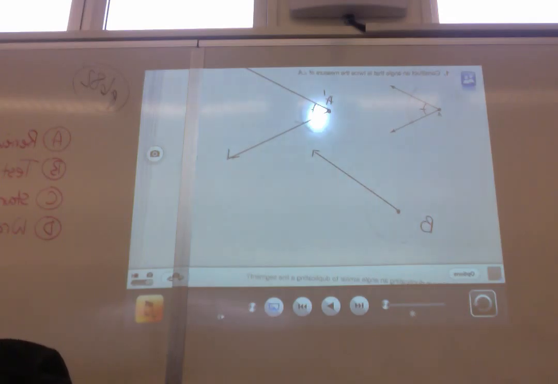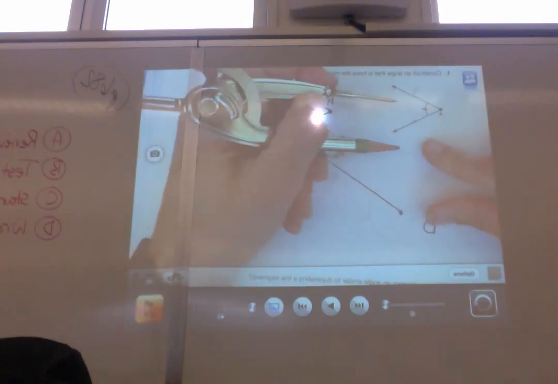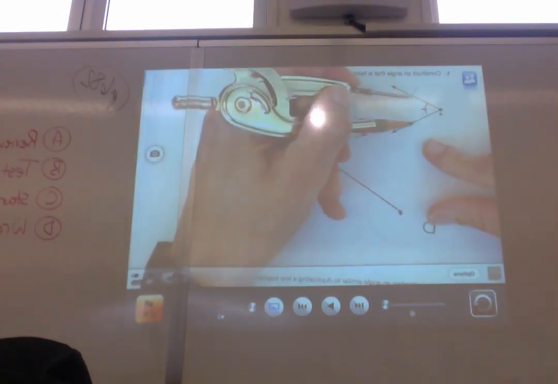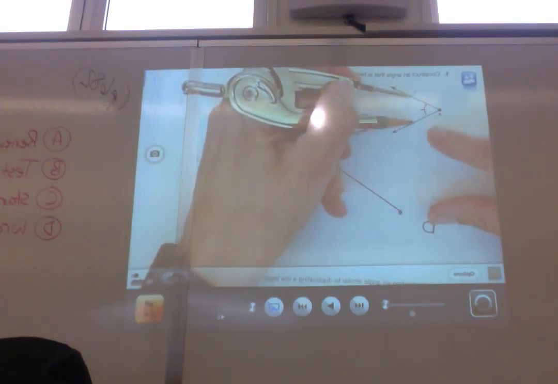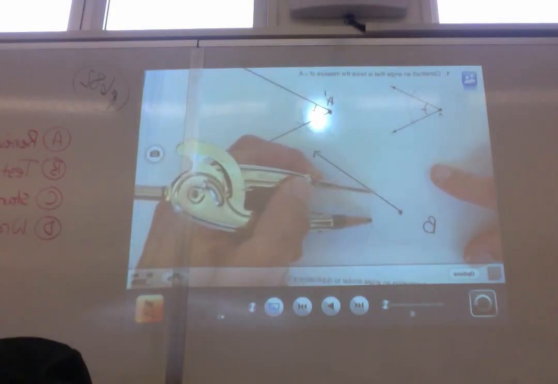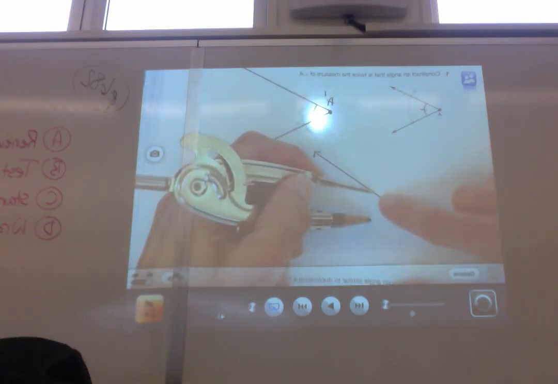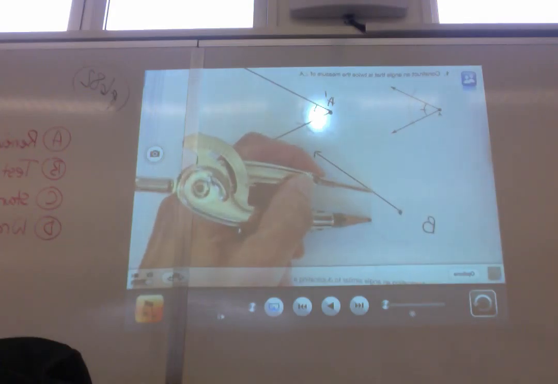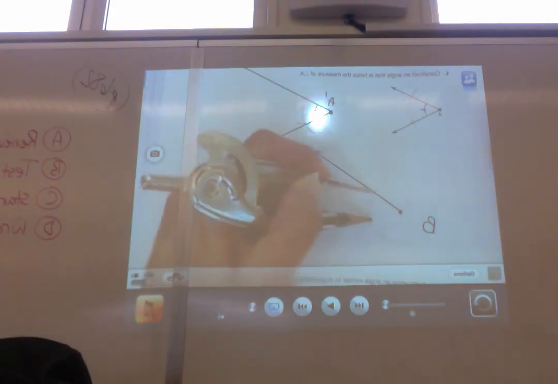Okay. Now, again, to copy the size of an angle, we go right here and line up the intersection of both rays with the two parts of your compass. Bring that down, and just like we did before, pointy part on the ray, make a little line.